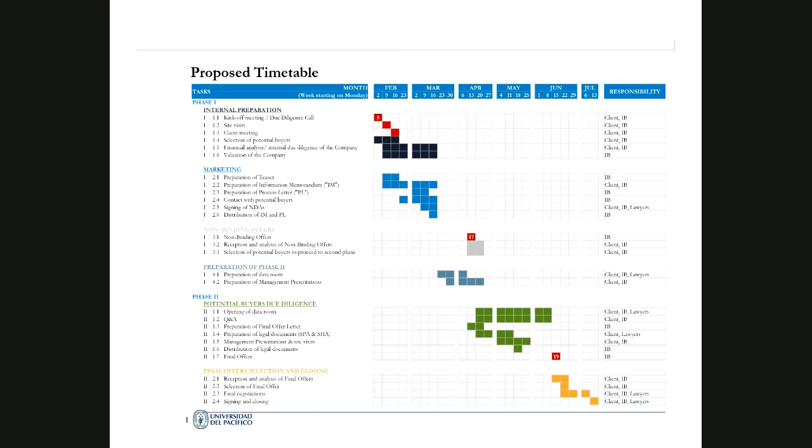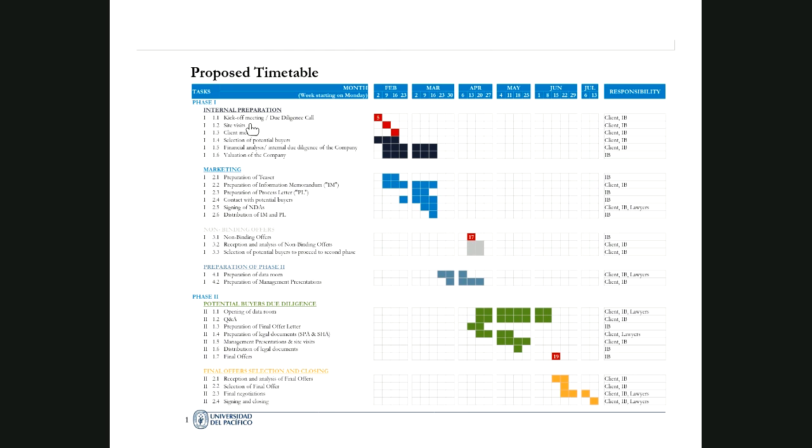As you can see, the first stage in phase 1 is the internal preparation of the company. Here we have a due diligence call or meeting with the sellers or the client to start understanding the company and discuss the business, etc. Site visits, or visits of the plant or the infrastructure or the stores, depending on what kind of company it is.